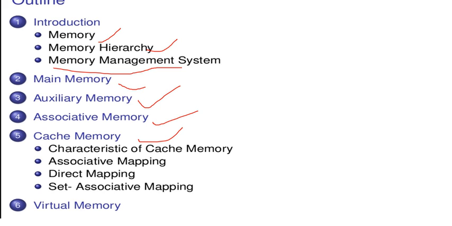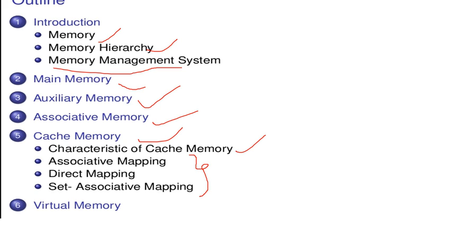Then we will talk about the various characteristics of the cache memory, and we will discuss the different types of mapping techniques in the cache memory, because as we know, cache holds a small amount of data. It's a small memory because its cost is high.